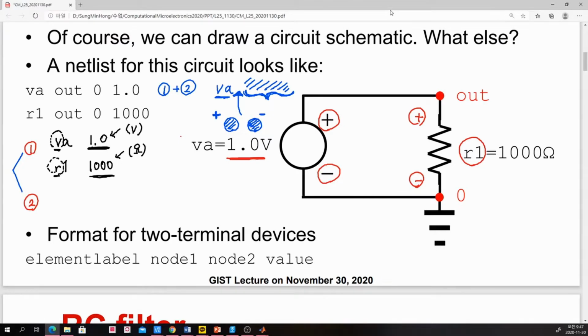And then how about the connectivity? So for example, I can write down this way: VA positive and R1 positive, and VA negative, R1 negative.